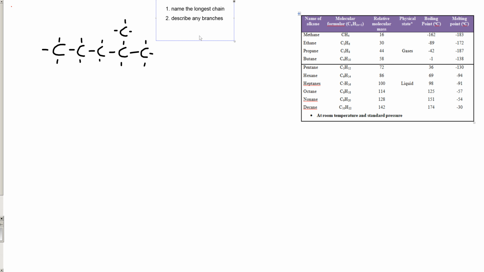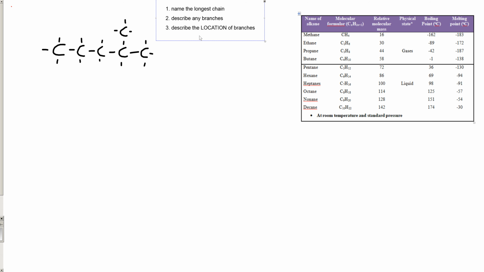The third thing is describe the location of branches. In other words, I always like to say that parts of molecules have addresses, just like how houses have an address.